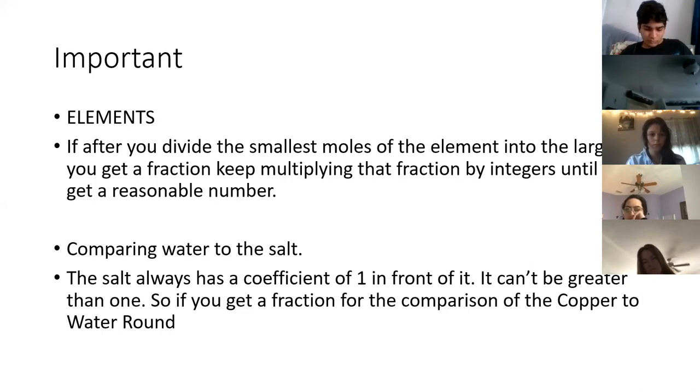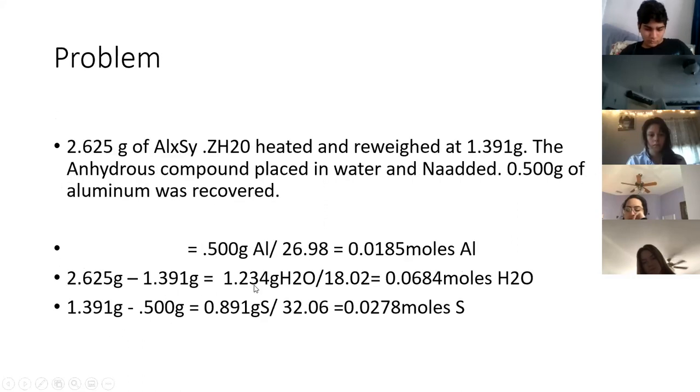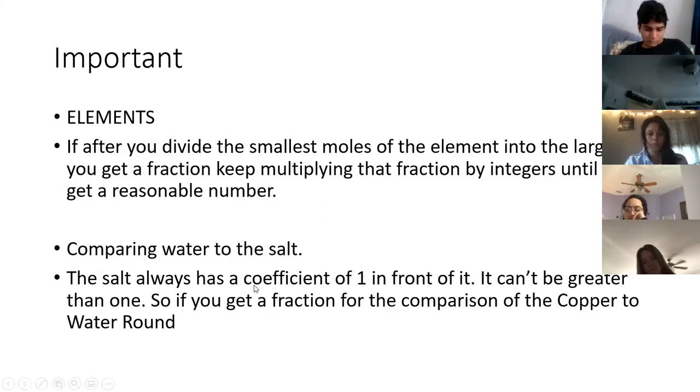The trouble is, as I said earlier, the coefficient in front of the salt can be nothing other than 1. So we can't use that little trick when we're comparing the moles of salt to moles of water. When I'm dealing with the water, I just have to round it.